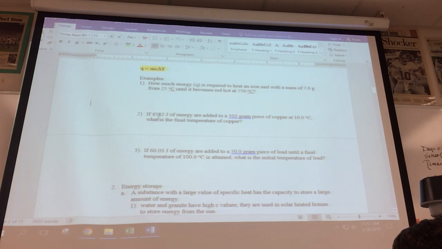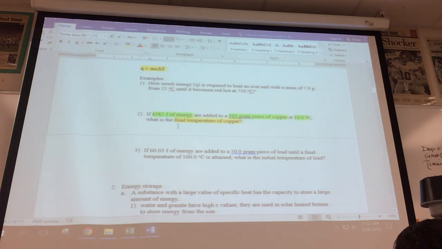On number 2, you have 4,582 joules of energy given, added to a 103 gram piece of copper at 10 degrees Celsius, so that is my initial temperature, and I want to know the final temperature.